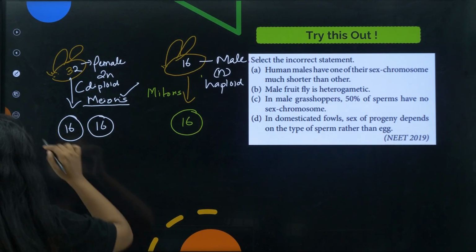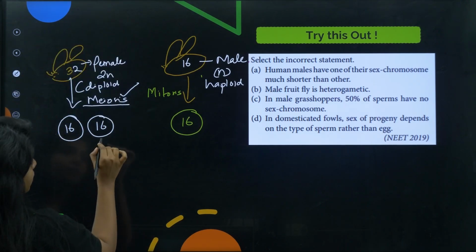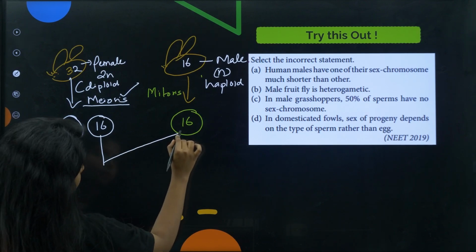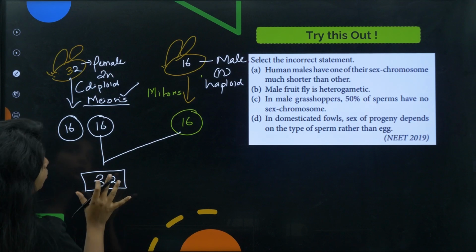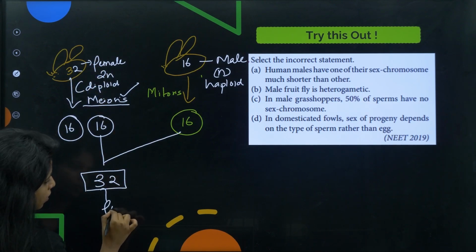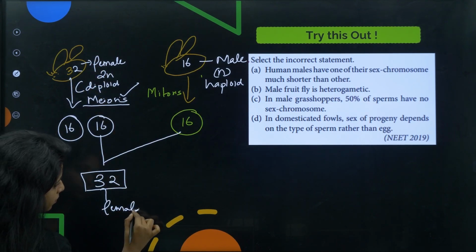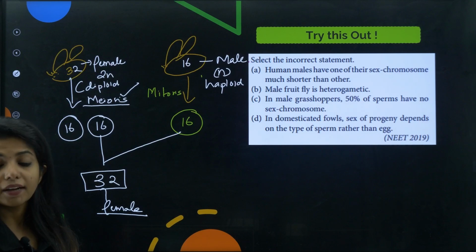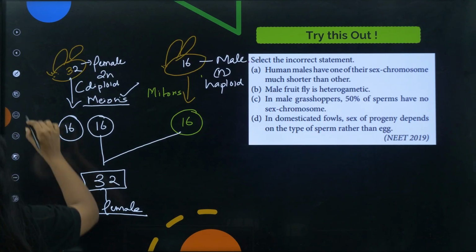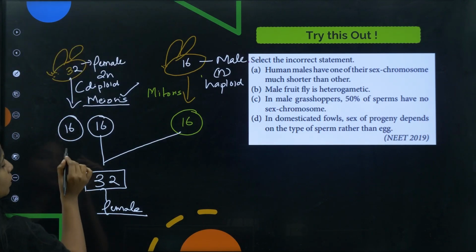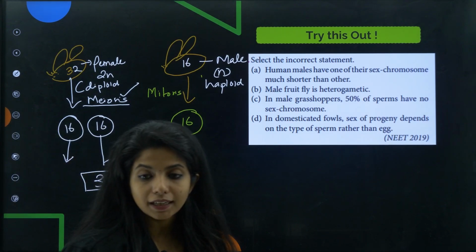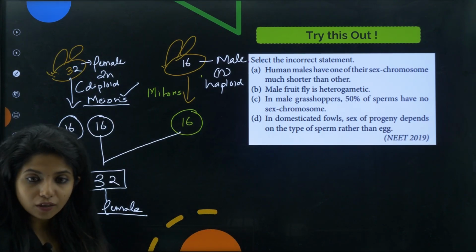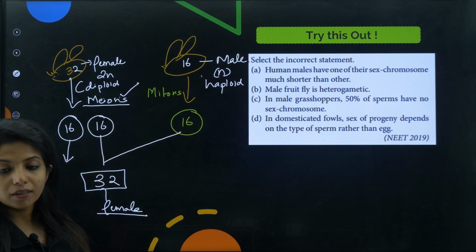Now children, listen to me very carefully. When the female egg fuses with the male sperm, it's again 32 and 32, so it has to be a female. On the other hand, the egg which is being produced will not fuse with the male.